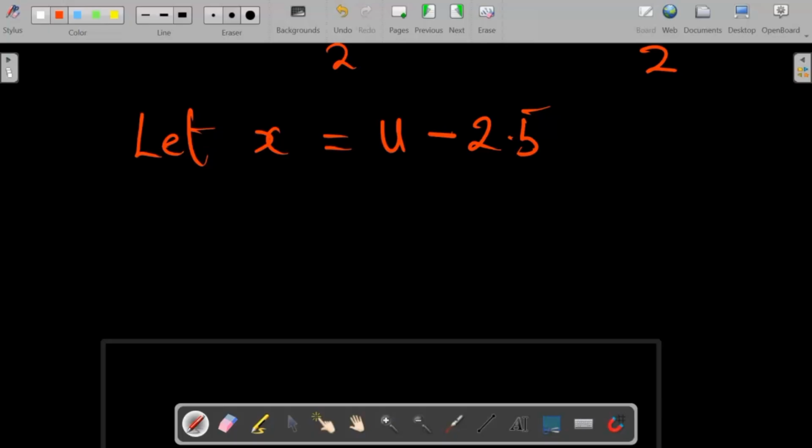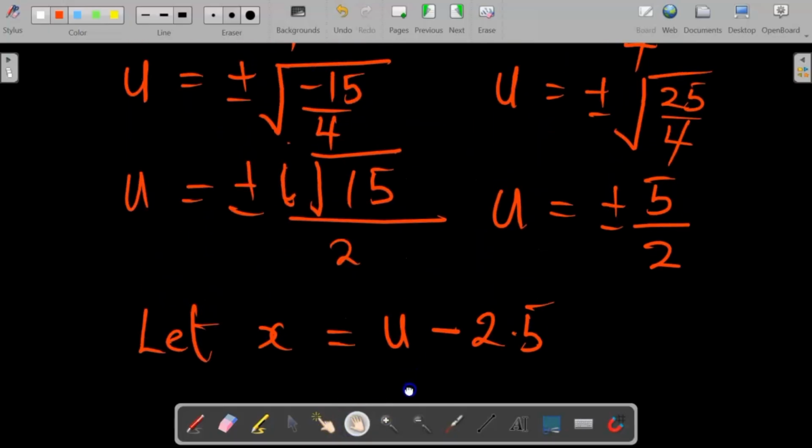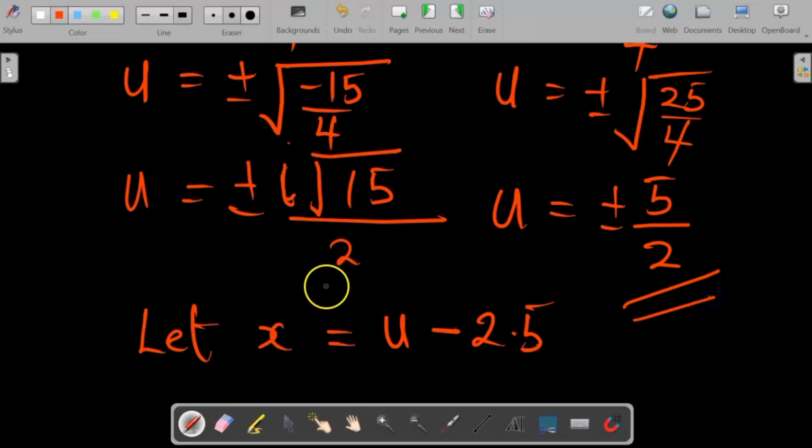We have our real roots and here is the complex root. Plus or minus i root 15 over 2 is the complex root. Plus or minus 5 over 2 is the real root.